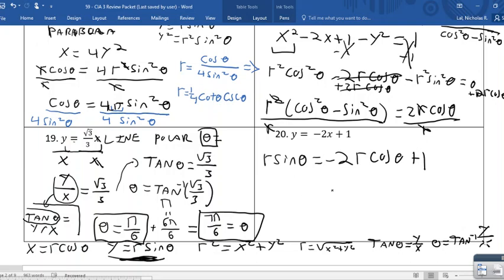Our next job here is to get everything on the same side. So we have r sine of theta is equal to negative 2 r cosine of theta, plus 1. All right? Our next job is to add 2r cosine theta to each side.